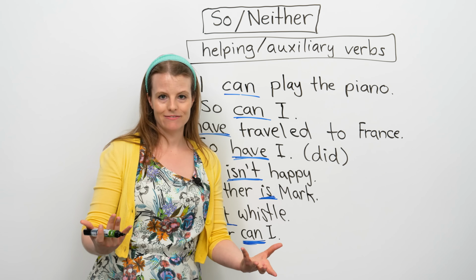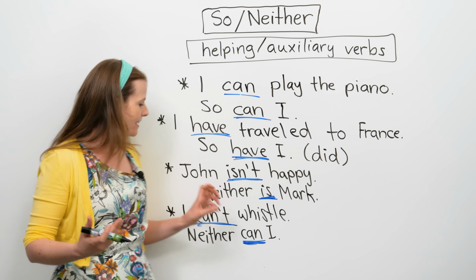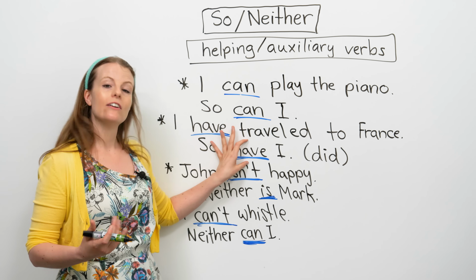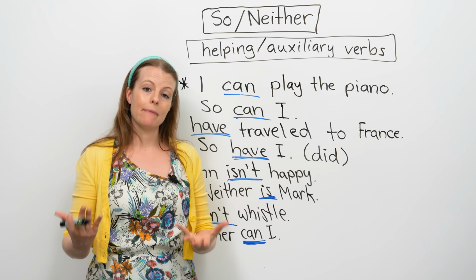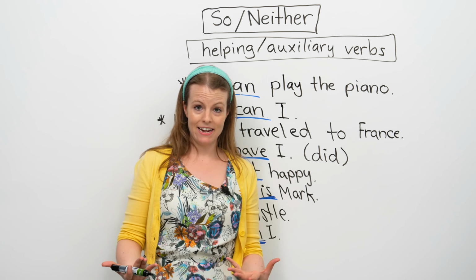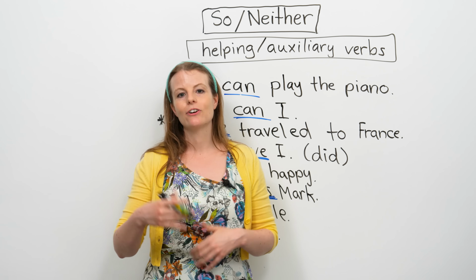Sammy is happy. So is Peter. So the main thing here is you want to match the auxiliary in your response. It always has to match. Okay, so we've covered a lot today. We've covered so do I, and neither do I.